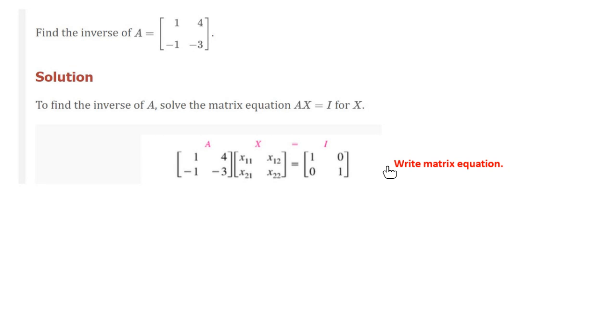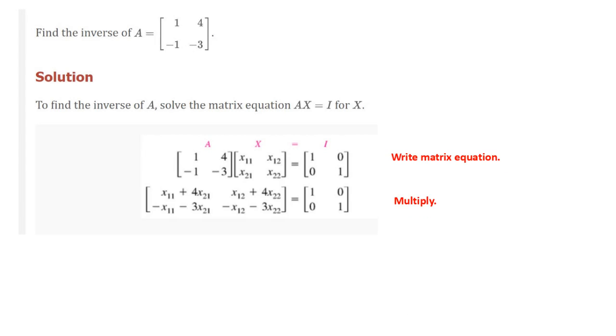And then you have the identity. So I write it out this way. Then I'm going to multiply the A times the X. And so when we multiply, we would have 1 times x11 is x11. 4 times x21 is 4x21. And then I would go again 1 times x12, which is here, and 4 times x22.